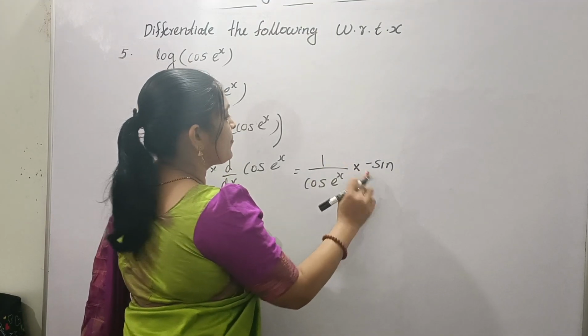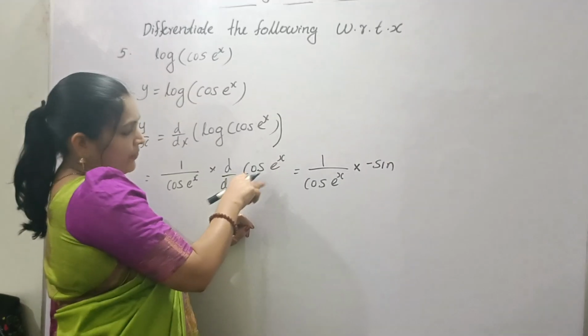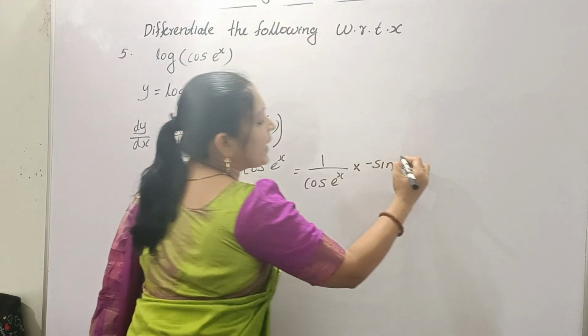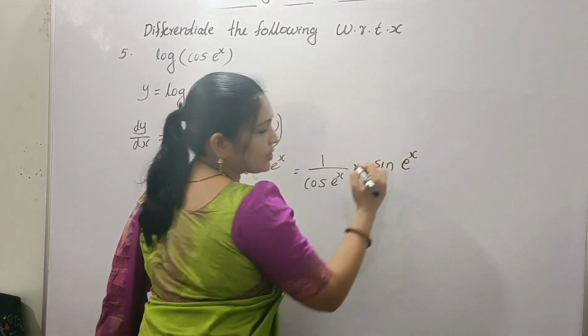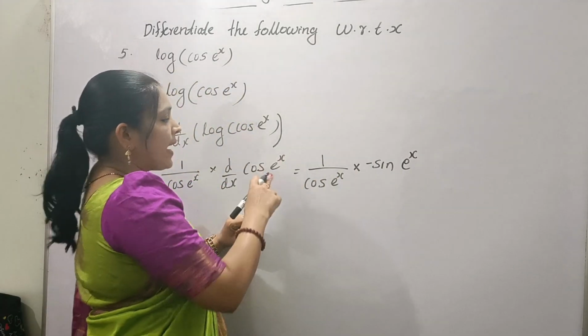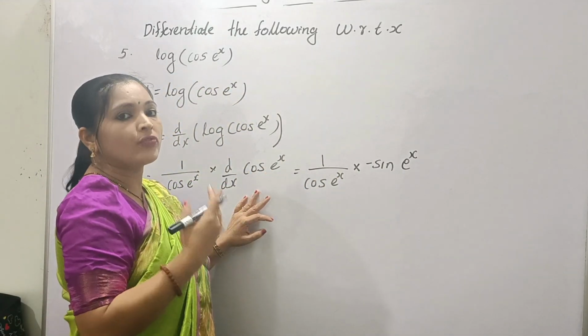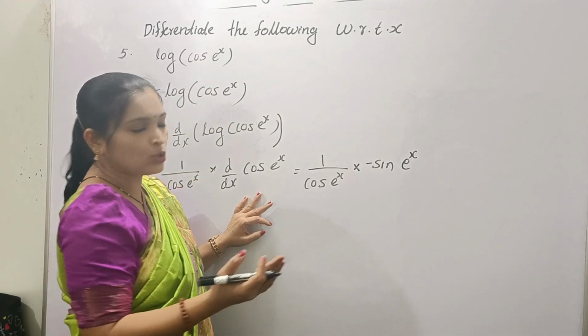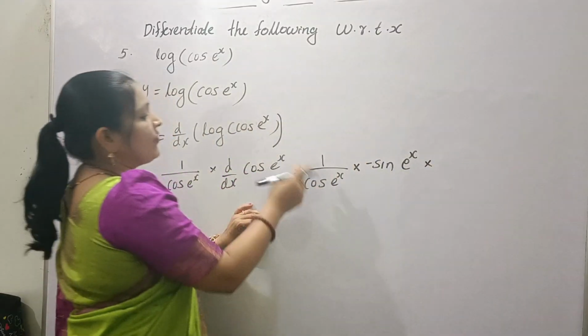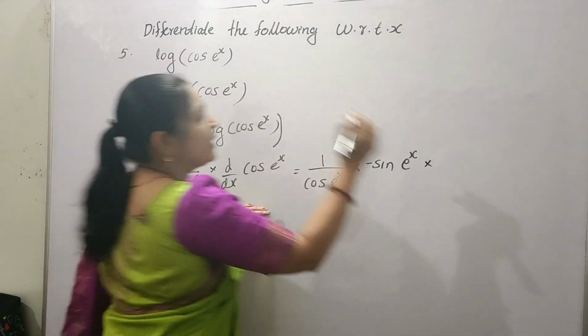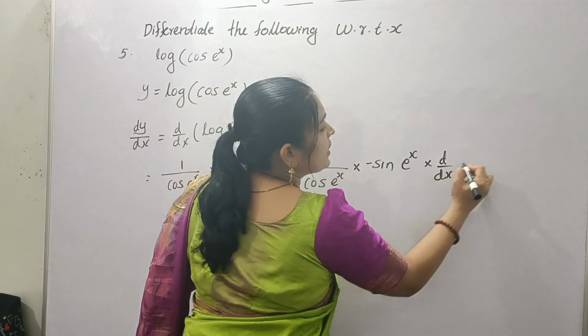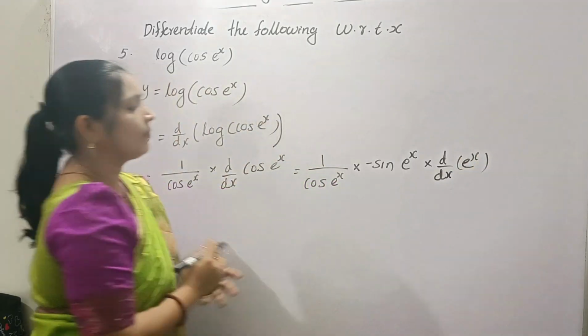So the derivative of cos e raised to x is minus sin e raised to x, not minus sin x, into the derivative of this function, d by dx of e raised to x.